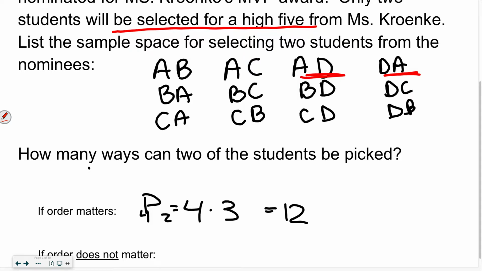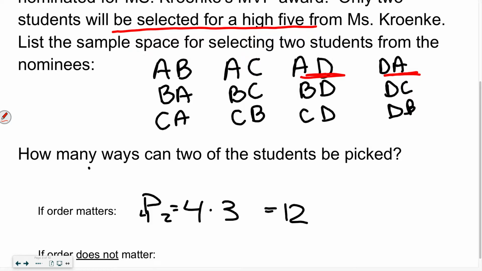So does Ashlyn really care whether I say her first or not in this scenario? No. Now, if there was a better prize for one of the spots, then you would care which order you were chosen. But because they're both getting the same thing, it really doesn't matter what order I choose.